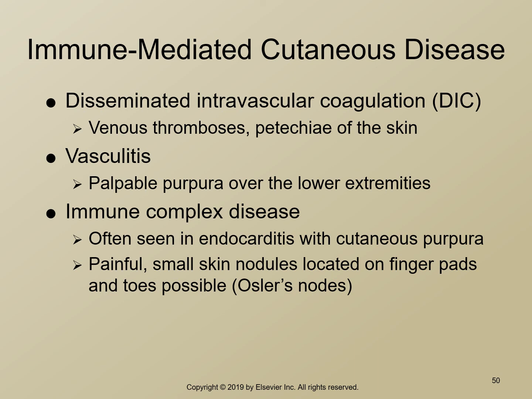An additional skin manifestation of DIC is purpura fulminans. This syndrome has typically been associated with meningococcemia, but it's also been linked to septicemia with Staphylococcus aureus, Streptococcus pneumoniae, and Haemophilus influenzae, and it's characterized by rapidly developing skin hemorrhages and necrosis and peripheral gangrene.